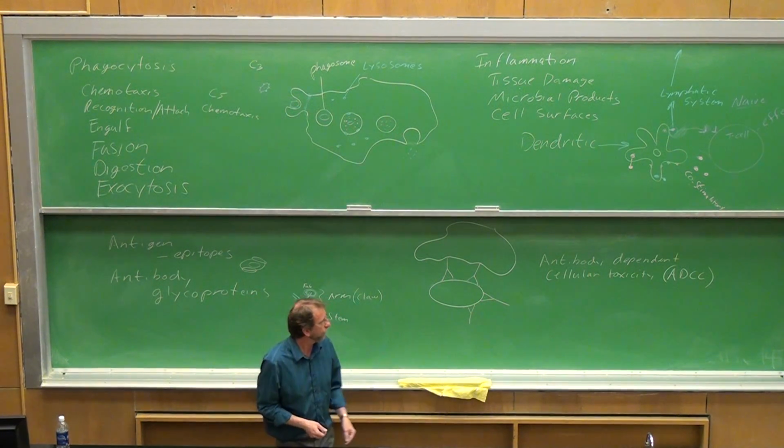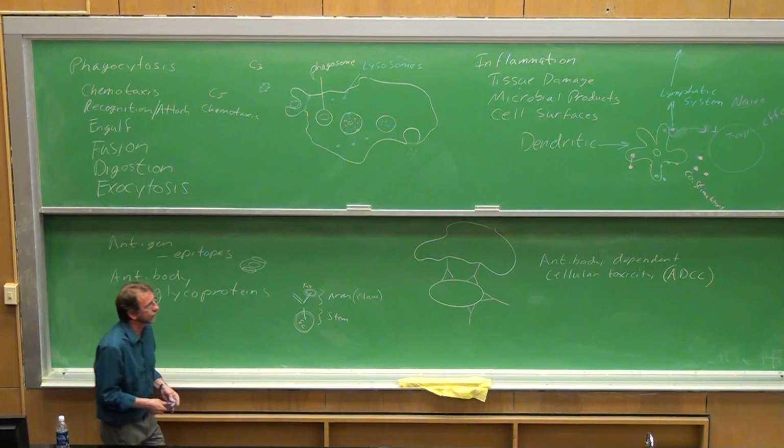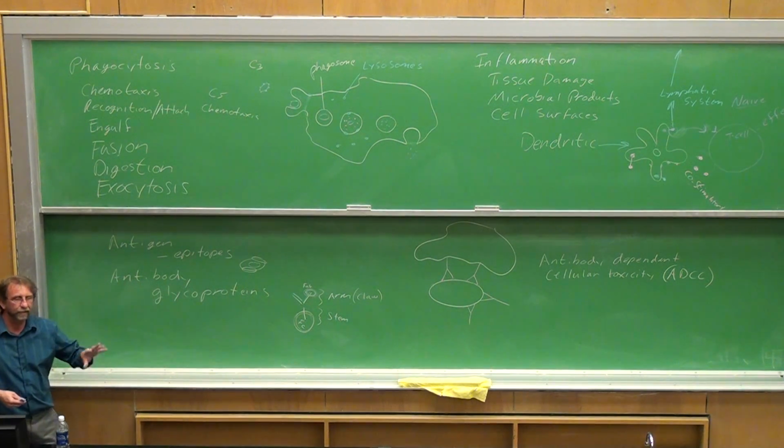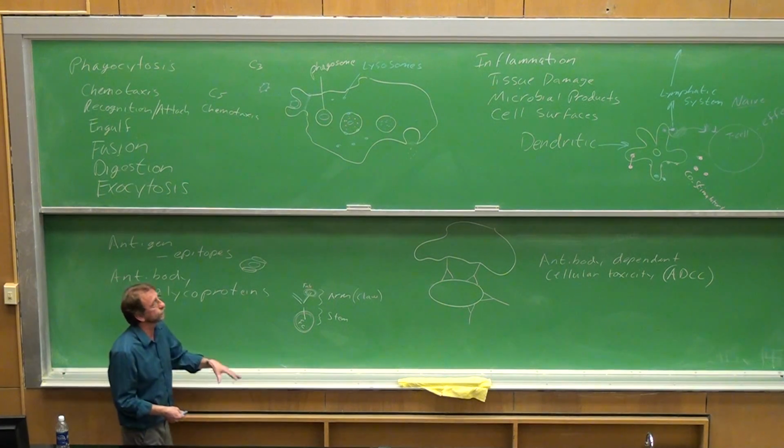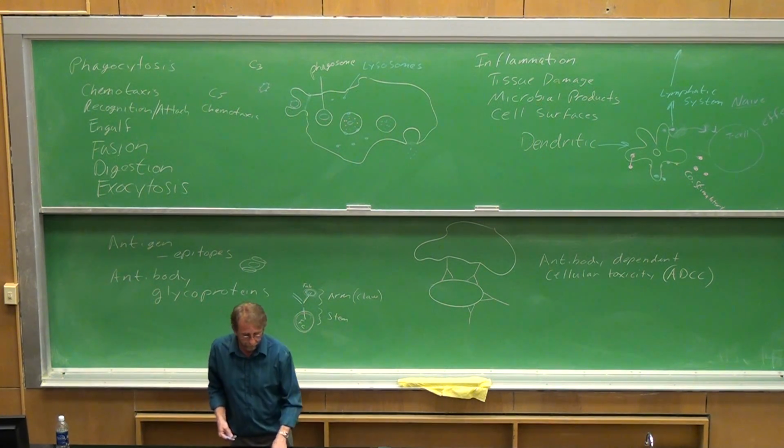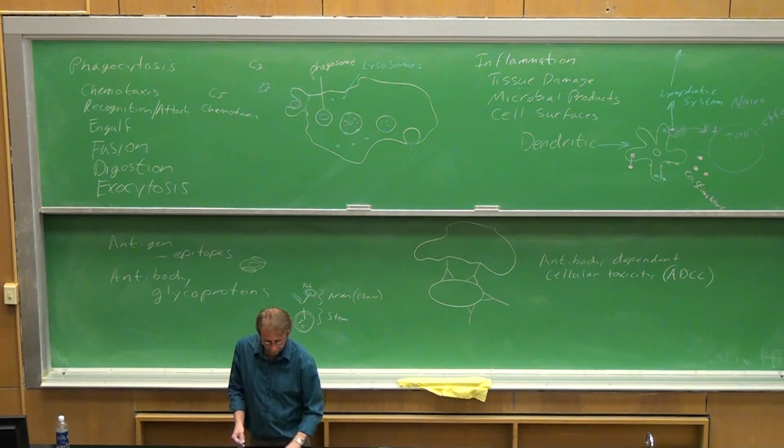And so that's what will happen here with antibody-dependent cellular cytotoxicity. Big worms and things can be bound, and then once the cell that comes finds those worms, the granulocyte that will do that, the eosinophils involved in antibody-dependent cellular cytotoxicity.